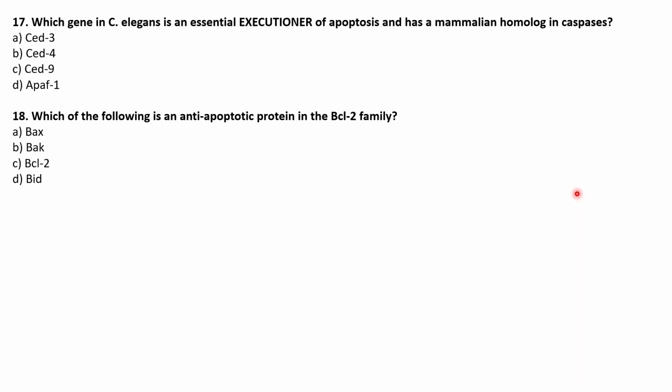It's called the BCL2 family because that was the first one found, but BCL2 itself is an anti-apoptotic protein, along with BCLXL, BCLW, and so on. Pro-apoptotic proteins are BAX, BAD, and so on. And BID is one of those BH3-only proteins. These are all part of the BCL2 family, but they can be either anti-apoptotic, pro-apoptotic, or mediators. BID is a BH3-only protein that acts as a mediator. BAK and BAX are both pro-apoptotic, and anti-apoptotic in this case is BCL2. So it's option C.